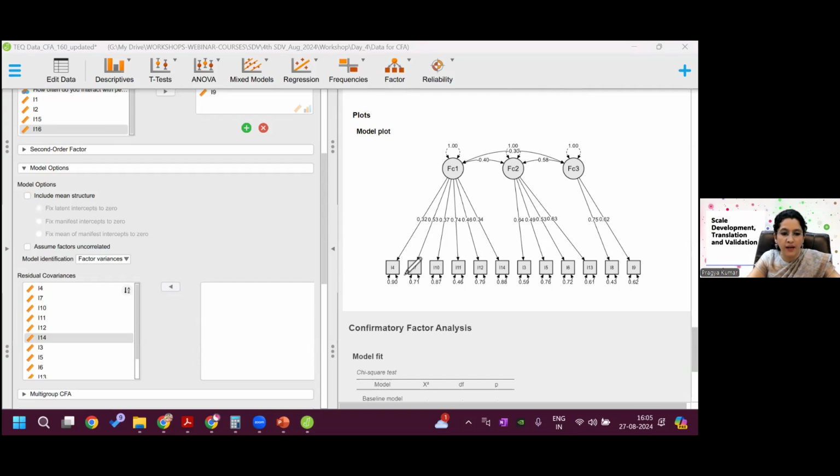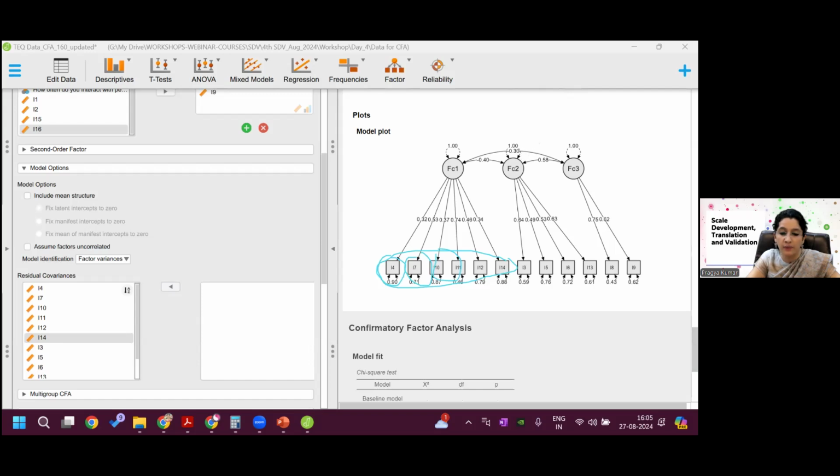Sorry, I got mistaken. Items 4, 7, 10, 11, 12 and 14 are all together in factor 1. And this you can see is the factor covariance, so it has been set to 1.